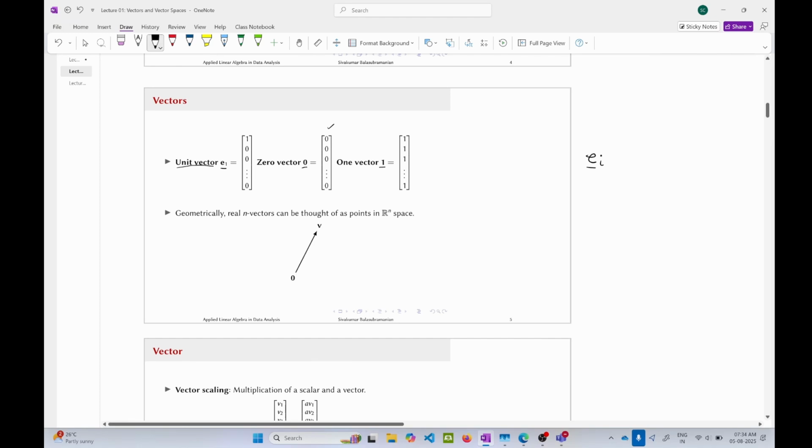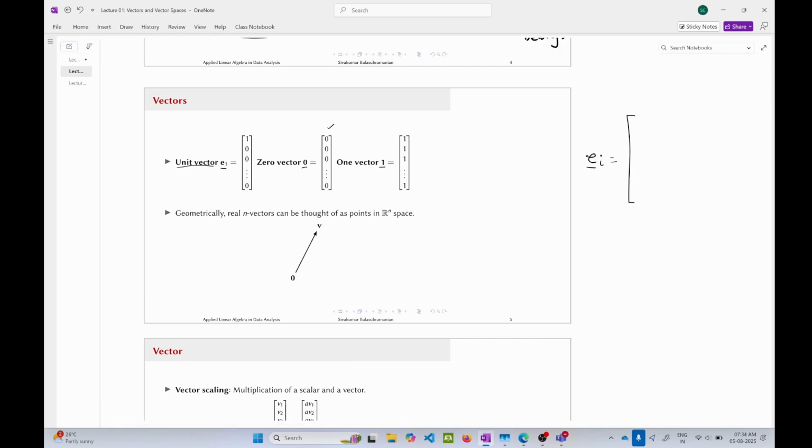And the subscript tells you which index has a non-zero value, essentially 1. So E1 would mean the first element is 1, everything else is 0. E_i would mean everything is 0 except for the ith element, which will be 1, and everything below that is also 0. That will be a unit vector.